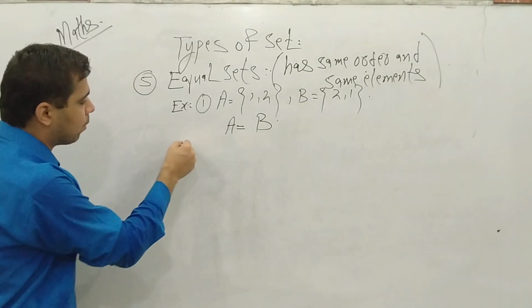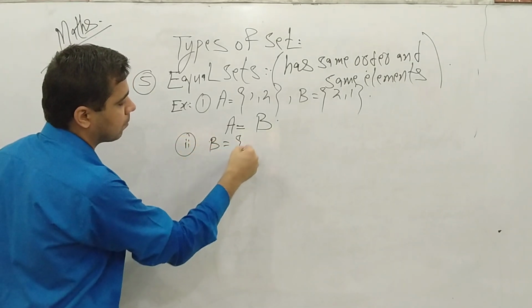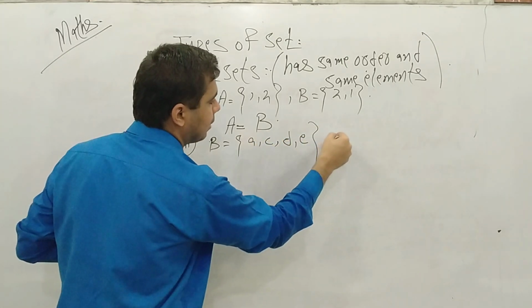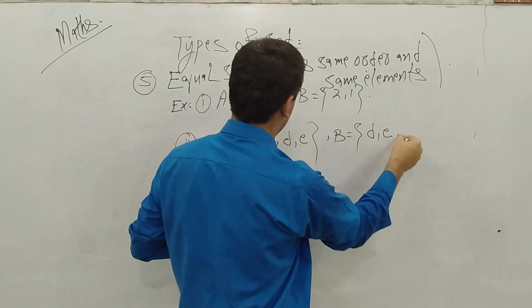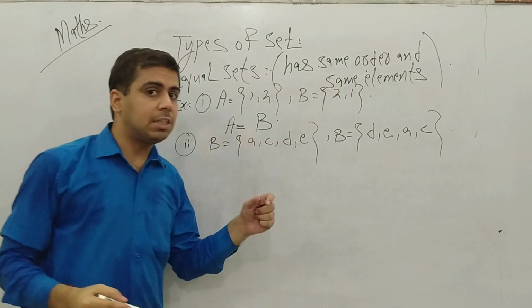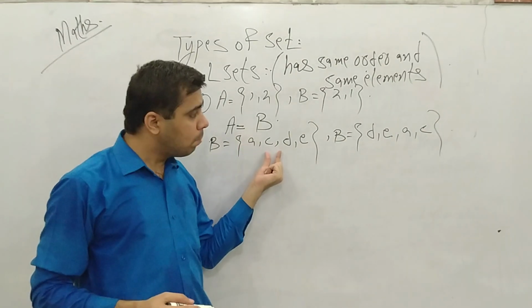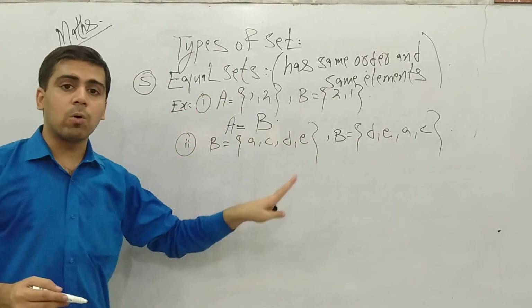Take another example: B equals {A, C, D, E}, and another set is {D, E, A, C}. Again we have to see the order of both sets. The order of this set is 4 and the order of this set is also 4, because in both sets 4 elements are given.